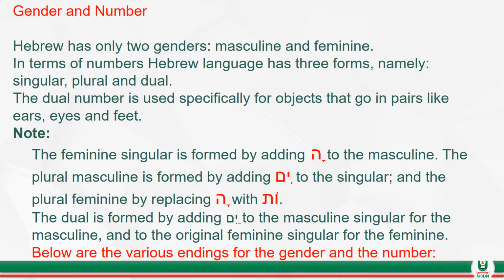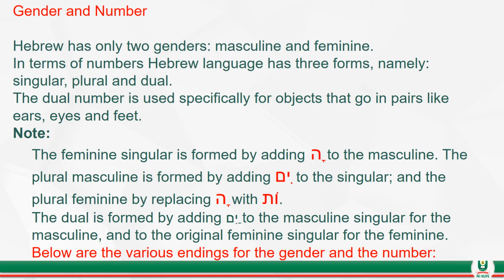So the kamat he in a word gives the primary suggestion that that word is a feminine word until otherwise stated. The plural masculine is formed by adding im, that is hirik yod and mem, to the singular. The plural feminine is formed by replacing the kamat he with holem vav and tav.